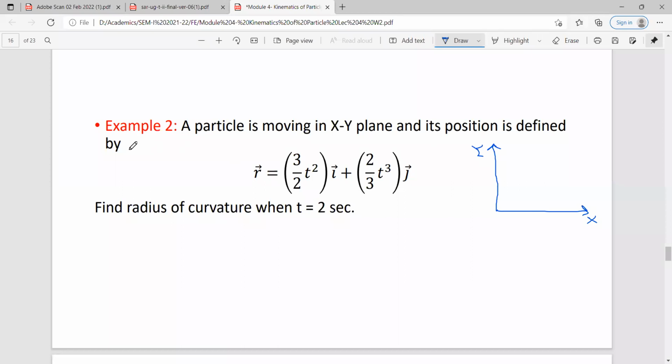Its position is defined by r bar, known as the position vector of the particle. You know that if a certain point is there in the xy plane, it has the coordinates x and y, and you can define the position of this point by a position vector. That vector originates from the origin.